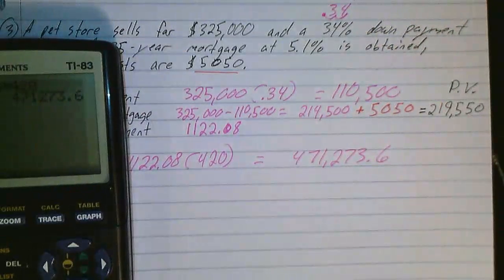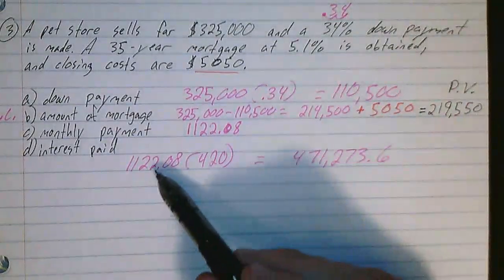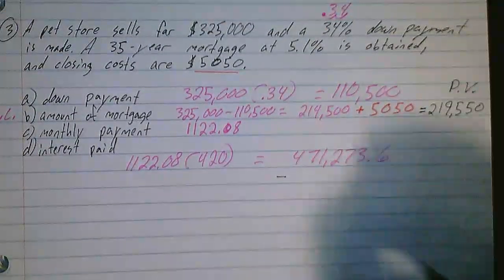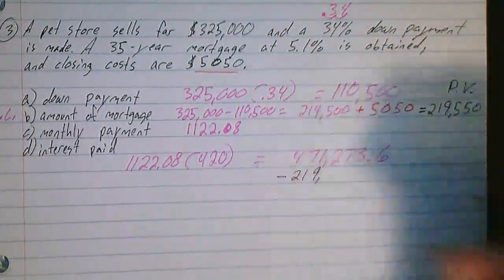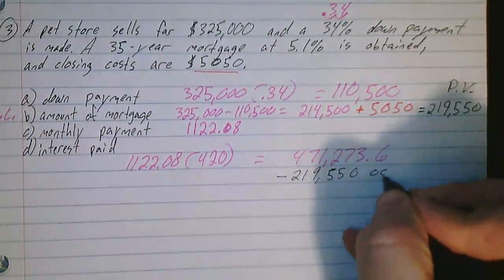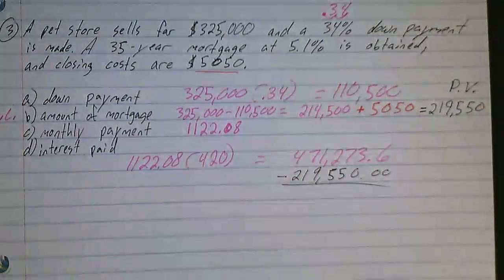And finally, our last step is to determine, as the question asks, how much of that is interest paid. So we take what we just found, monthly payments times number of months, minus the PV. This is what we took out a loan on. So this is what we paid in pink.